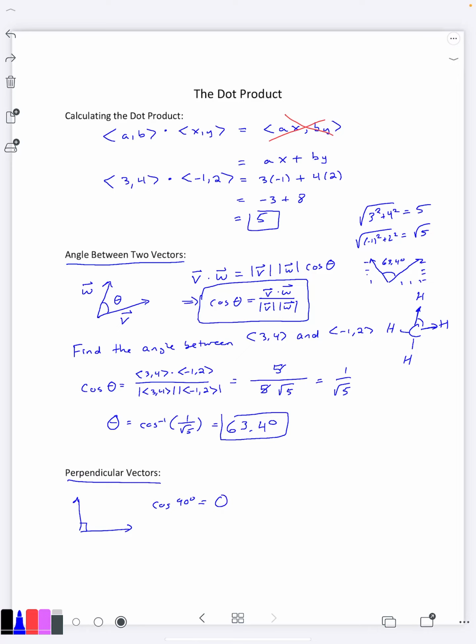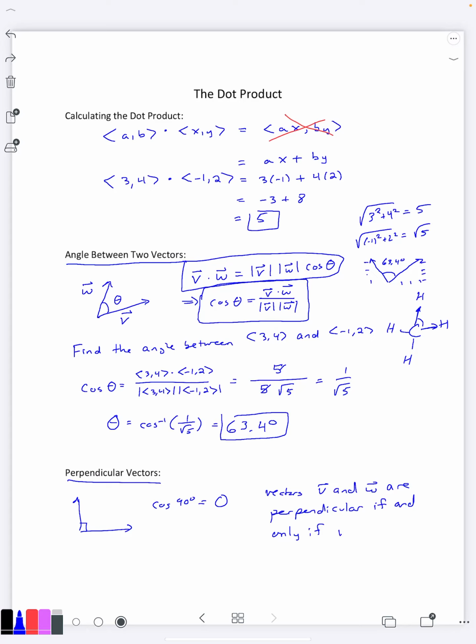So that means that the vectors v and w are perpendicular if and only if, well, if the cosine is 0, that means that the dot product is 0.